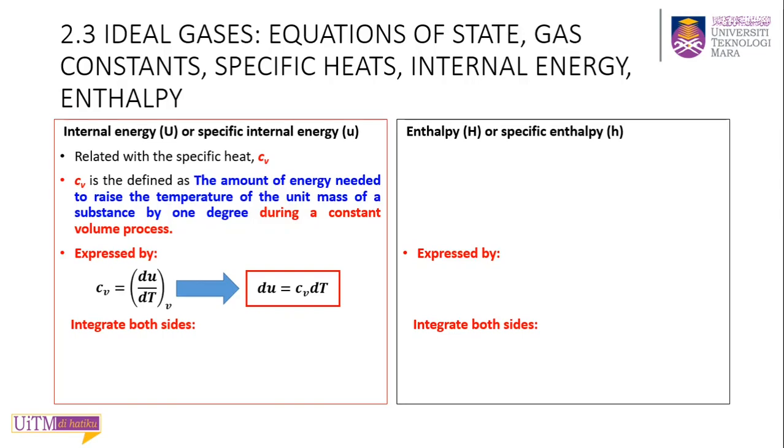Next, the equation can be integrated on both sides, which gives the equation to calculate the change in specific internal energy, delta u. The unit for this form of equation is kilojoules per kg. We can then, like before, convert it into capital letters by multiplying it by the value for mass, and the unit is now kilojoules.